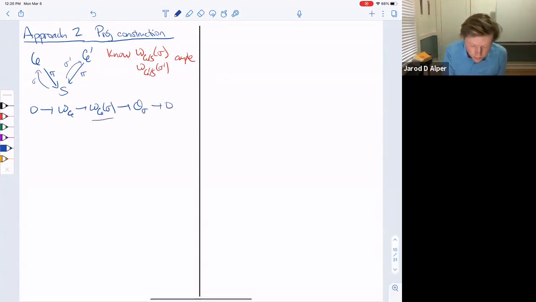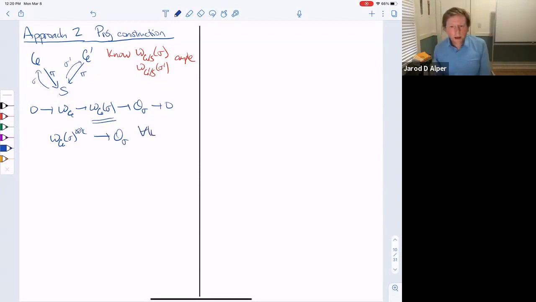And so what this gives you is when you take twists of this tensor K, this maps to O sigma, for all K, and I could then take the fiber product.